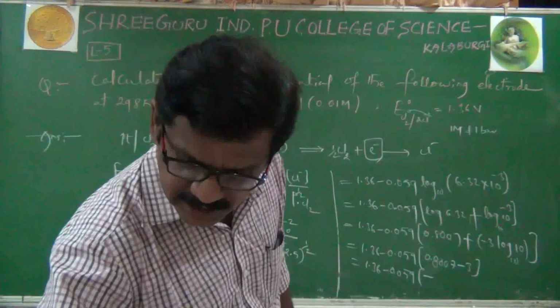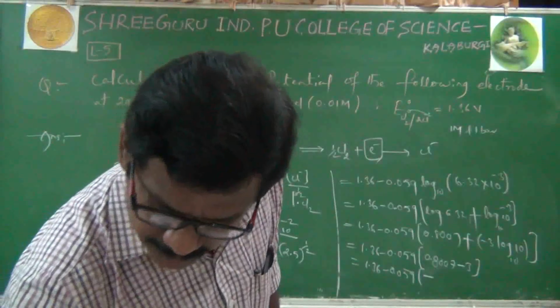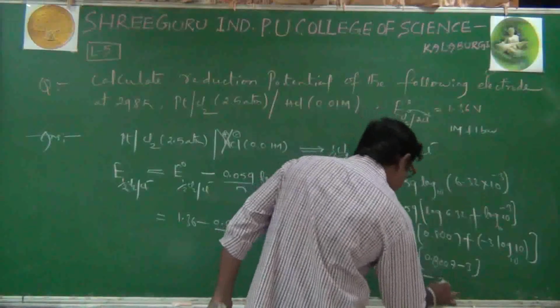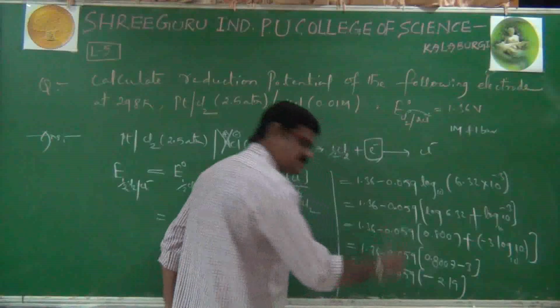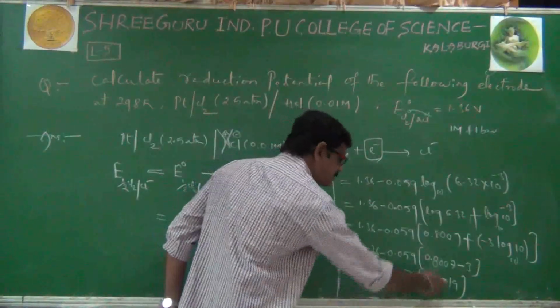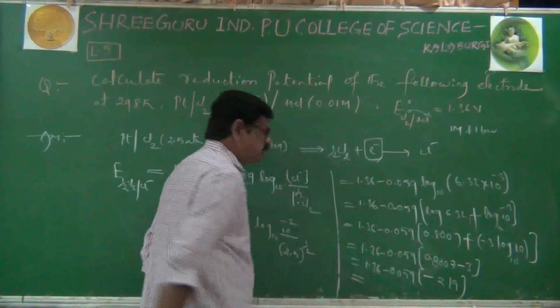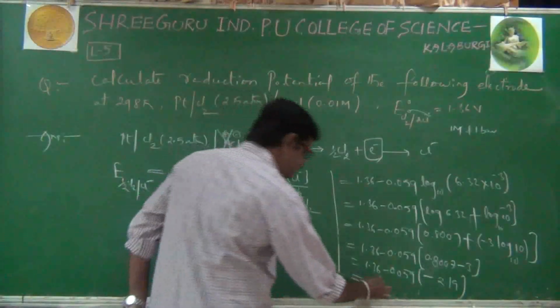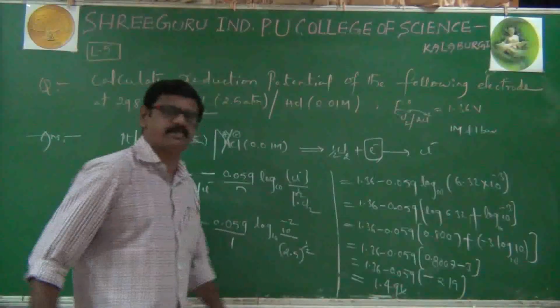The obtained value is minus 2.19. And minus into minus again gives plus. First these two you have to multiply, and whatever value you get, you have to add here. If you do the calculation, as before you get the same 1.49 volts only.